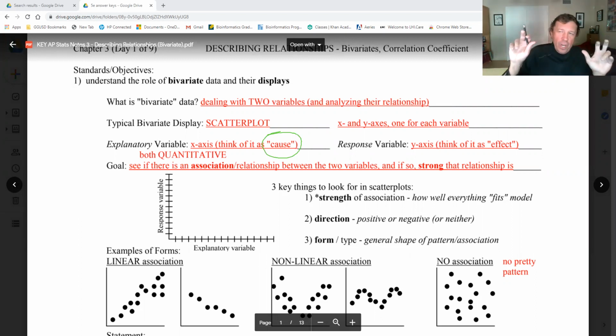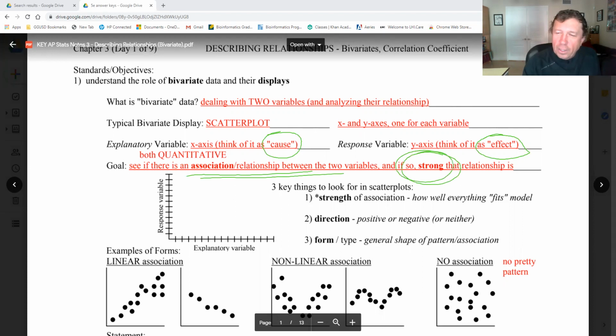But that's kind of the generic term for explanatory is cause, and the generic term for the response variable is effect. Okay, and the goal is to see if there's an association or a relationship between the two variables. And if so, how strong is that relationship?